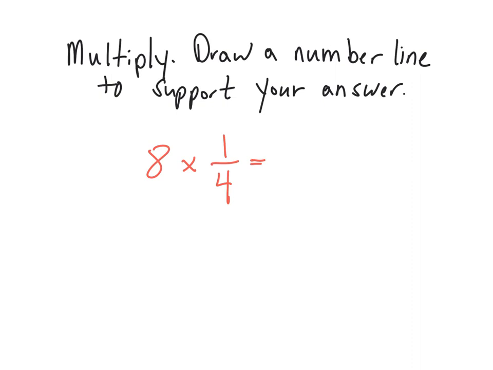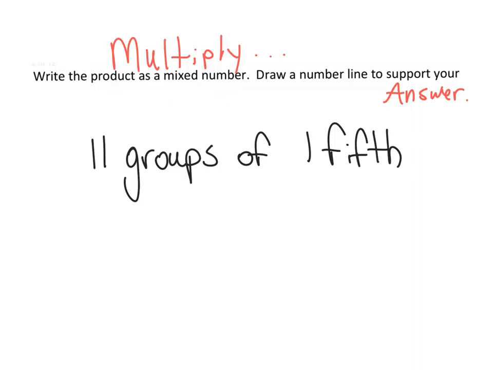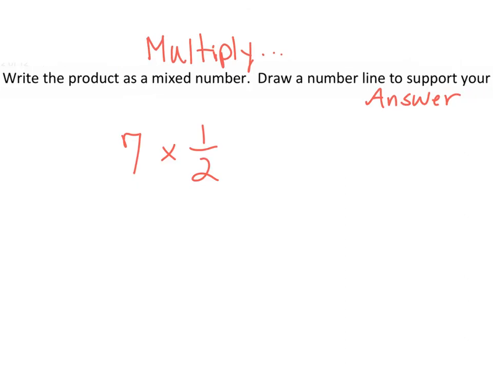You don't want to lose any health points, guys. Multiply, and then write the product as a mixed number, and draw a number line to support your answer. 11 groups of 1/5. And bring in your work tomorrow. Multiply, and write the product as a mixed number and draw a number line to support your answer. Bring in your work tomorrow.